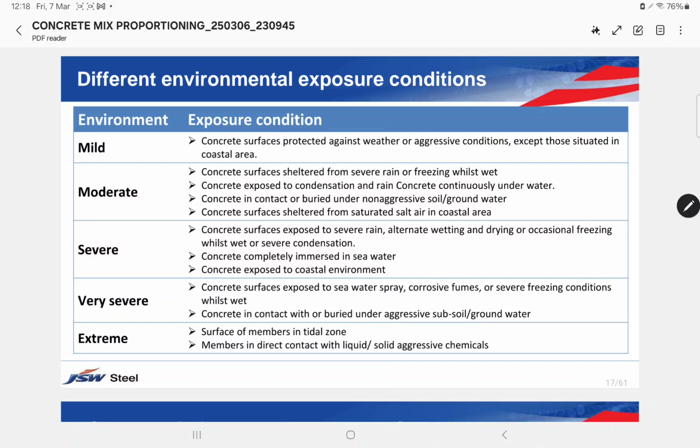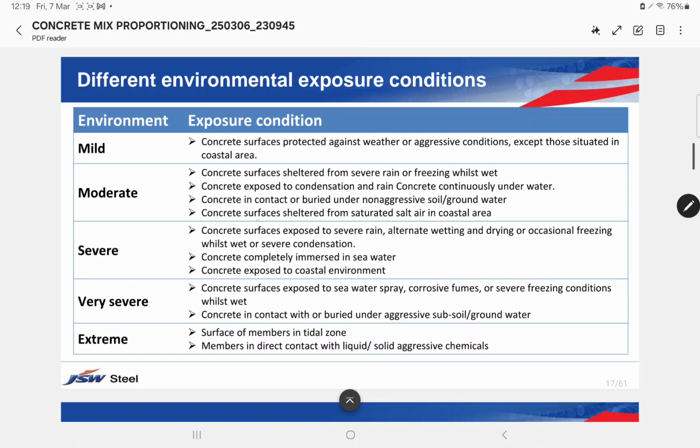Let's consider the example of our case. In our case, we are doing pile foundations, and we are just a few kilometers away from the seashore. So if you consider this severe, then it says concrete exposed to coastal environment. There are different conditions given for different environmental conditions.